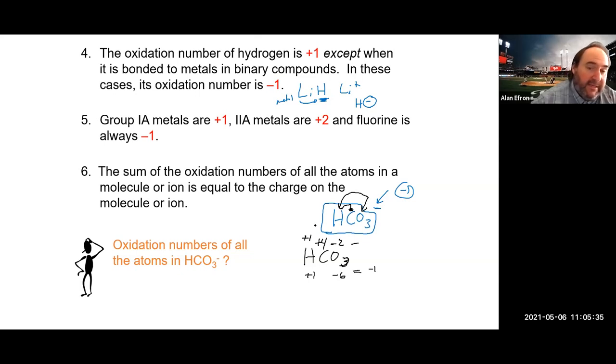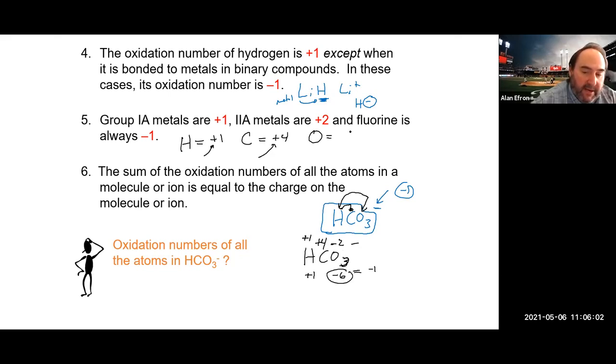A very important thing is how you write the oxidation numbers. If you were asked what is the oxidation number for hydrogen, you should write +1. You should include the charge, not just write 1. For carbon, you would also include the charge, which is +4. For oxygen, people always screw this up. They want to write, well, the grand total is -6, and that would be wrong.